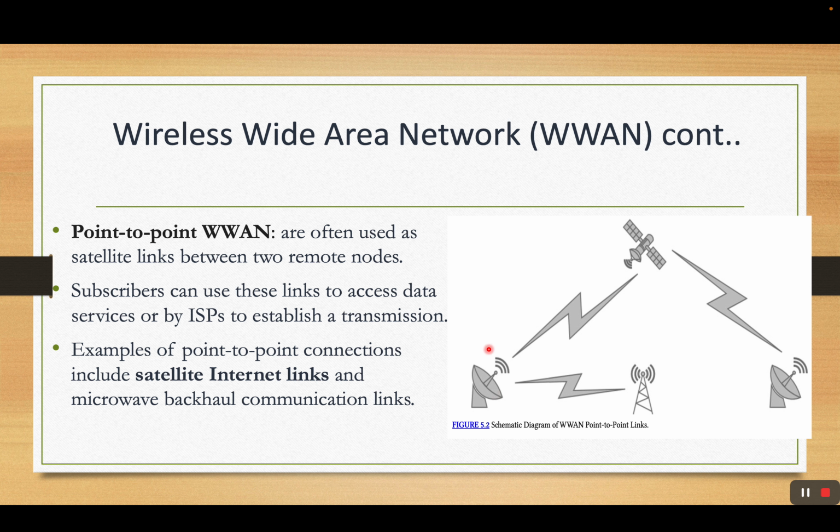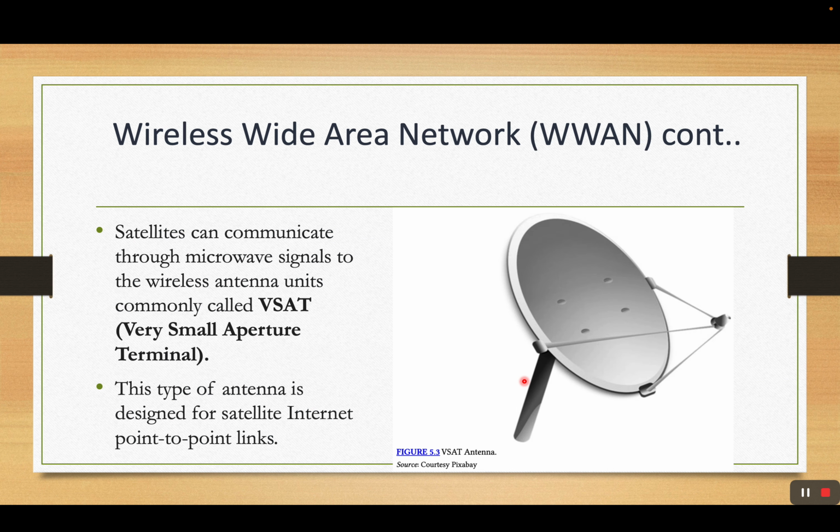So this is a very good example of point-to-point connection, which includes satellite internet links and microwave backhaul communication links. Now, in this picture you can see that the satellite can communicate through microwave signals to a wireless antenna unit called the VSAT. This type of antenna is designed for satellite internet point-to-point links.